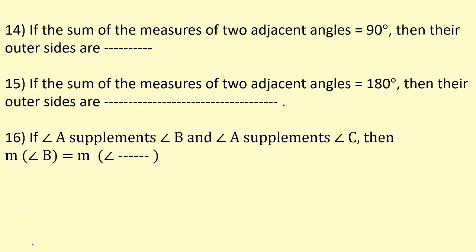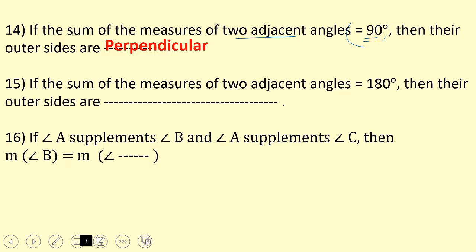Number 14. If the sum of measures of two adjacent angles equals 90 degrees, then their outer sides are, we said that two adjacent angles that sum up to 90 degrees, perpendicular lines. Why perpendicular lines? Because perpendicular lines have the angle of 90 degrees.